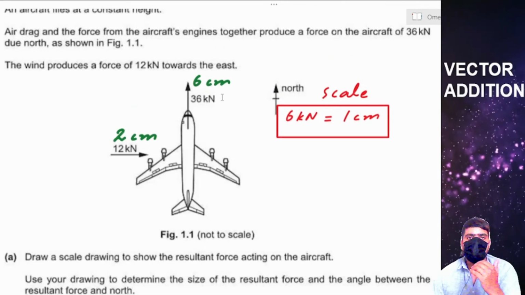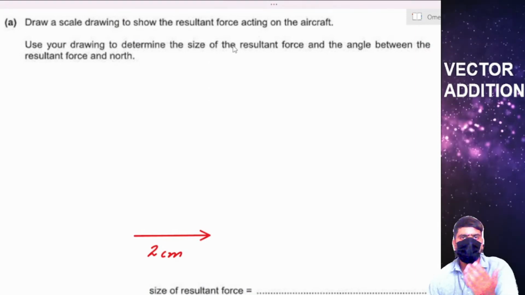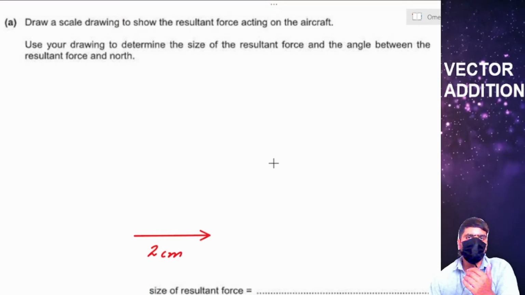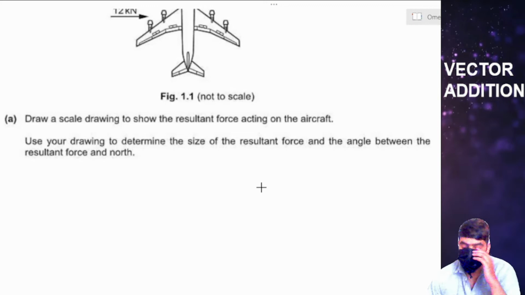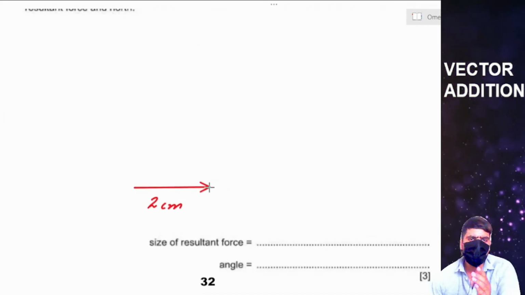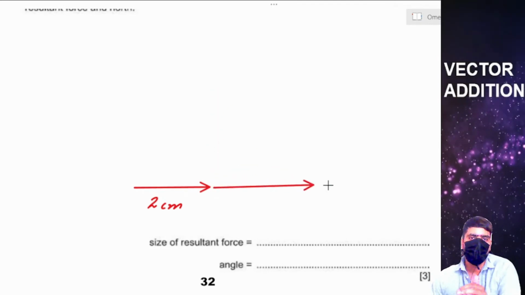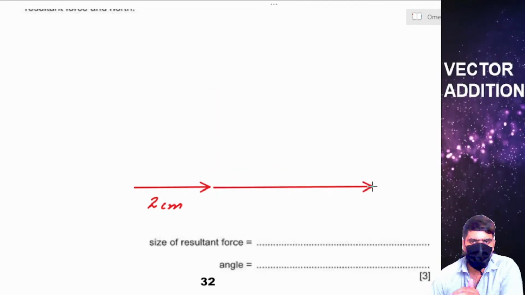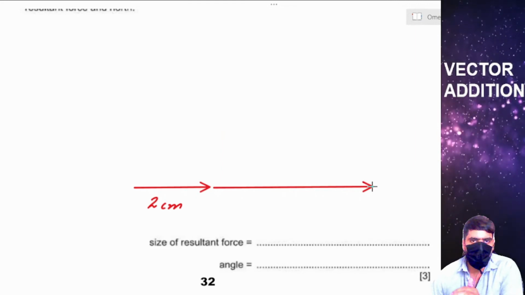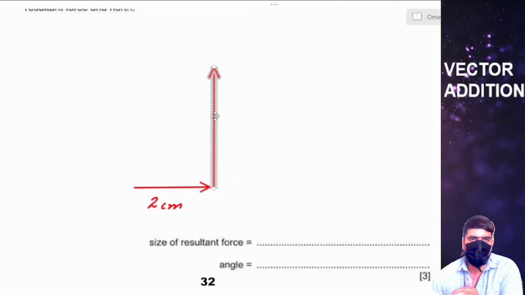Then I have to draw a line that is 6 centimeters, and that line should be towards north. If you want to skip a step and don't want to waste so much time, just draw the second vector directly at the end of the first one, and the second one should be 3 times as big as the first one, because it has to be 6 centimeters.